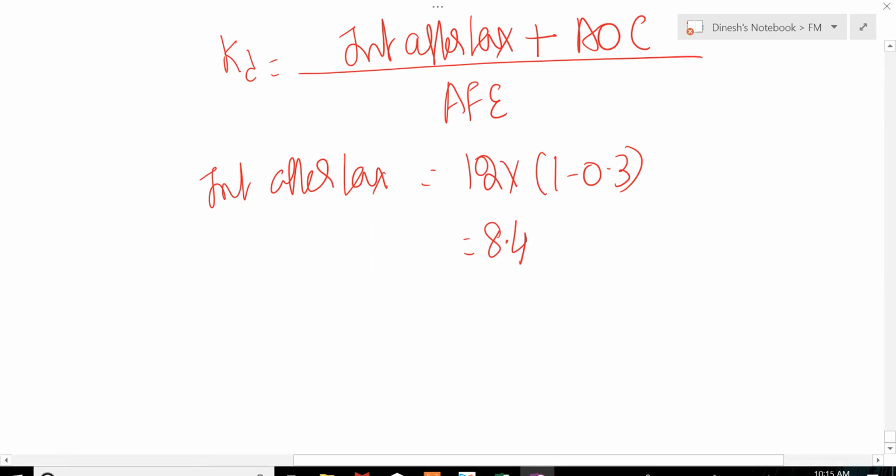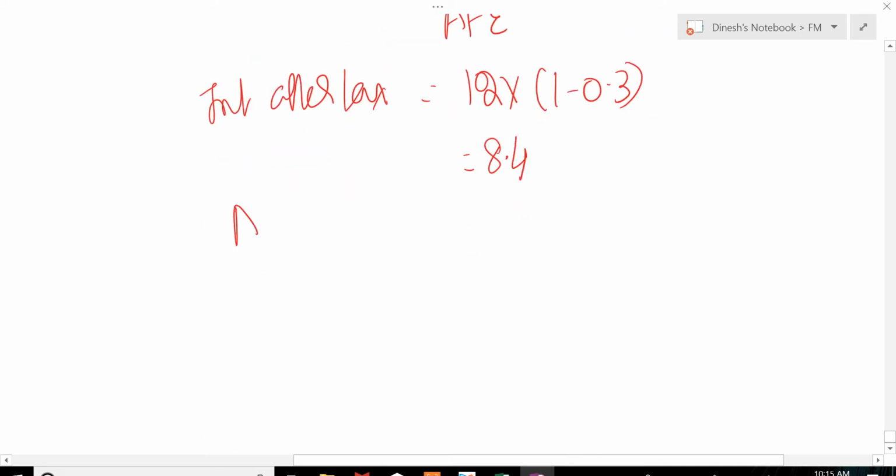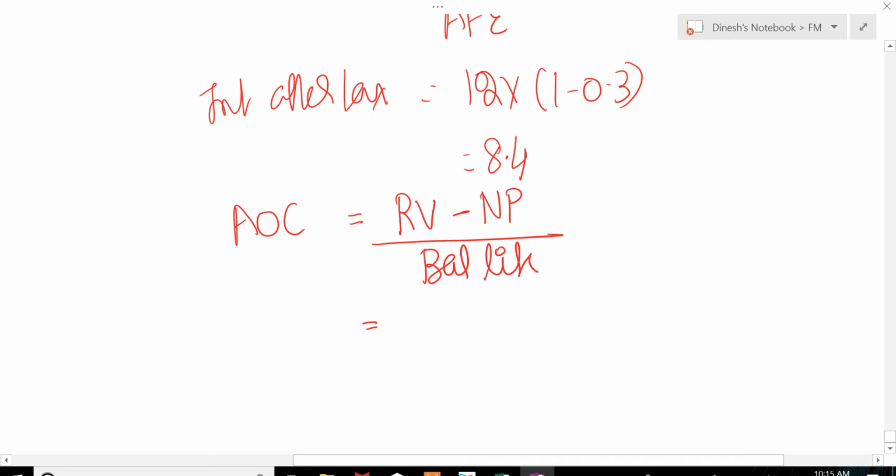Clear? Can we proceed? Next, average other cost equal to redeemable value minus net proceeds by balance life.